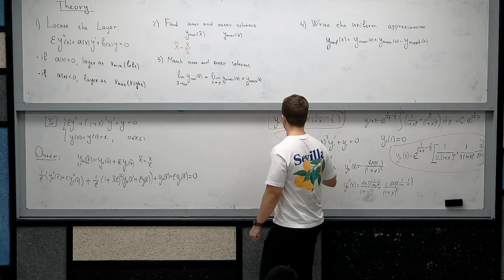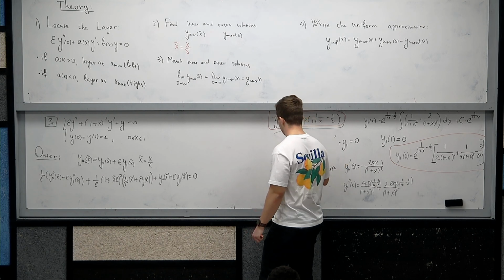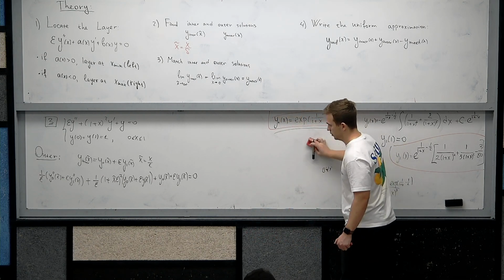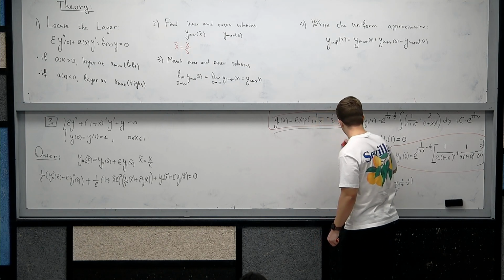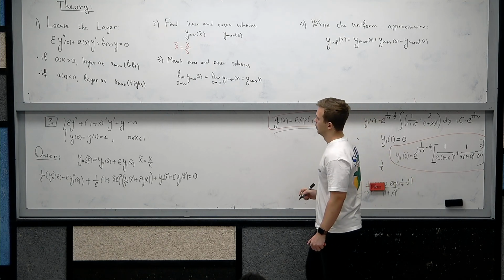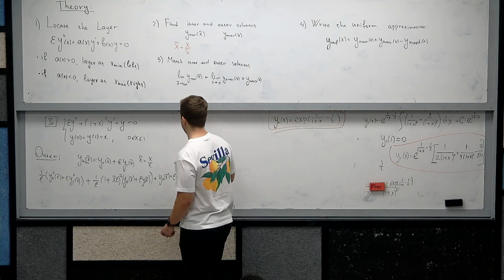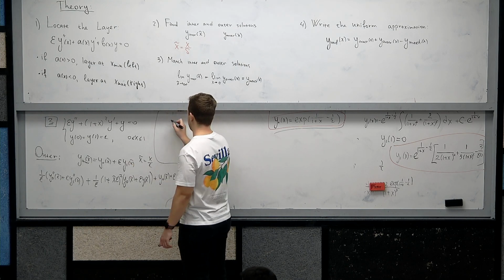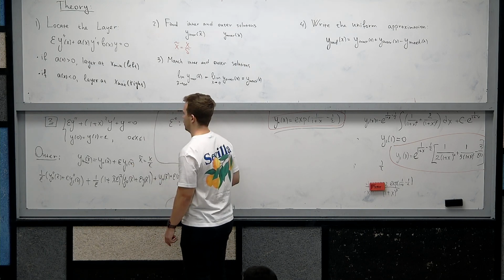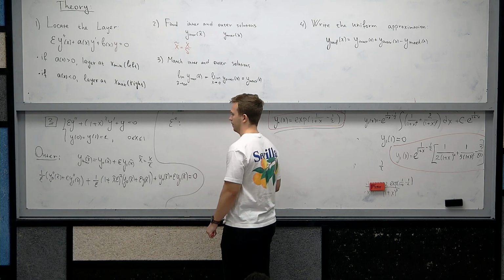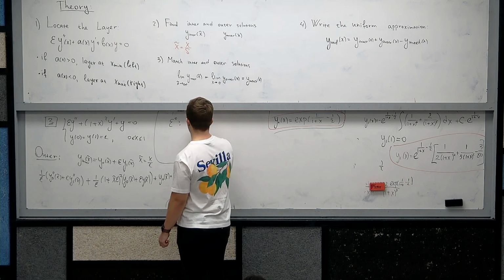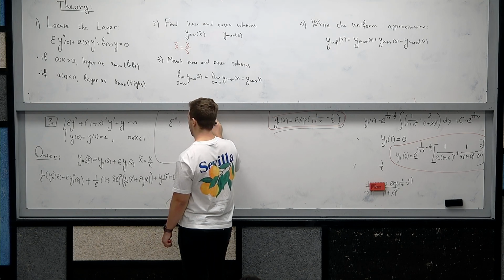Okay, now let's carefully find the solution for y naught and for y1. For the leading order, what do we have? y naught double prime plus y naught prime.